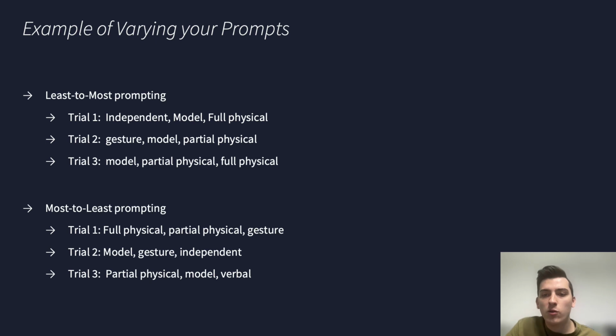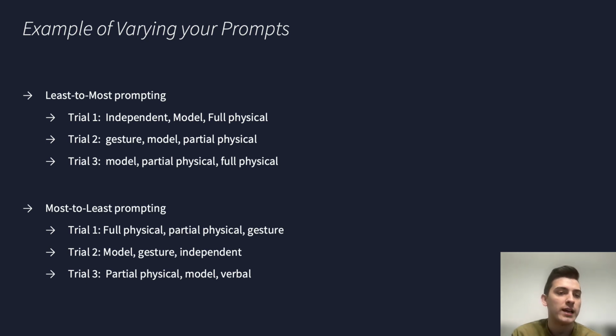It is important to note whether or not you are using least to most prompting or most to least prompting. Additionally, you will want to stick to the order specified within each of these terms of ascending or descending the prompting hierarchy. For example, in least to most prompting, and this may not look the same every time, but just to give an example of what this might look like, trial 1 would start with independent, model, and then followed up with a full physical prompt.